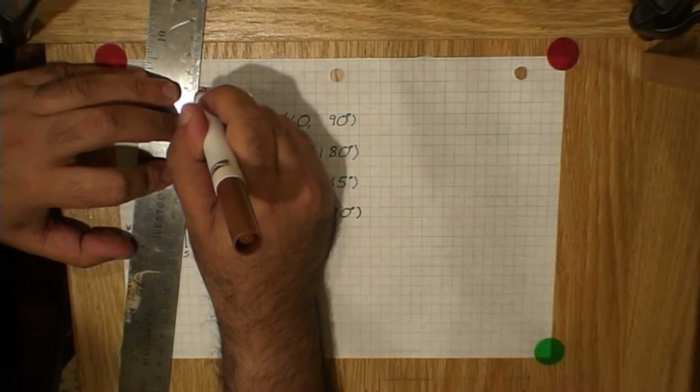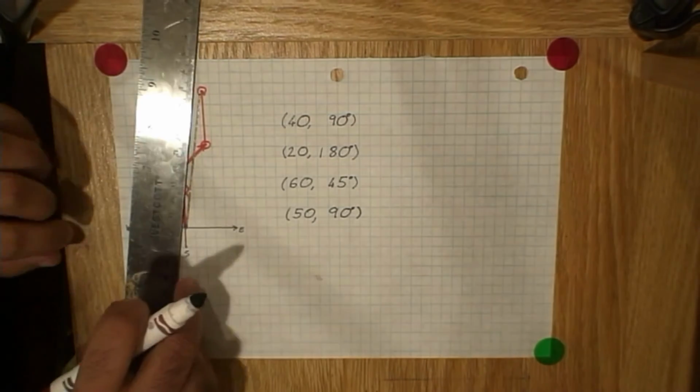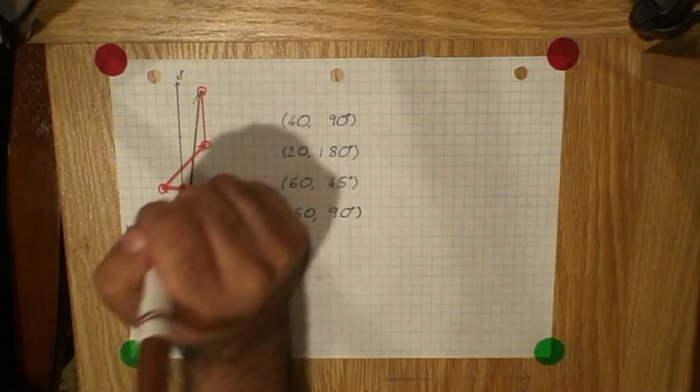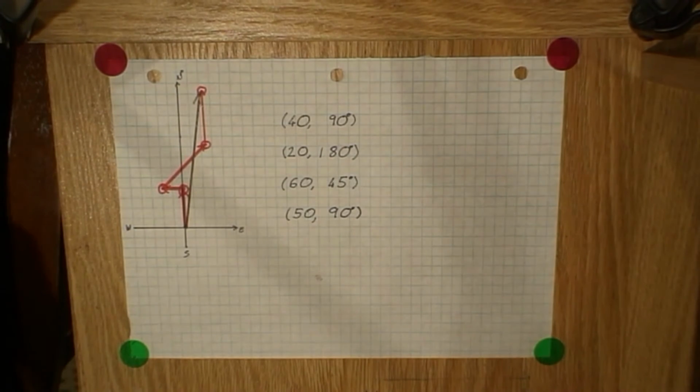So we want to find this. That's easy enough to do. All we have to do is add together all of these different vectors.